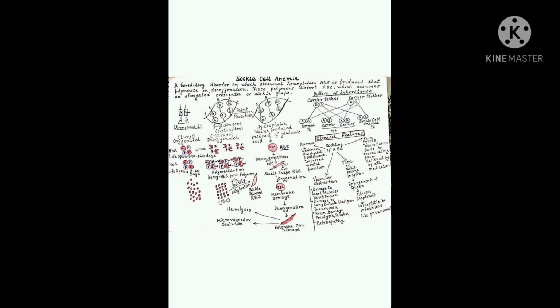The spleen has to work, and becomes overloaded with sickle cell RBCs. Because of that there is enlargement of the spleen, and over a period of time the spleen undergoes fibrosis. The spleen becomes non-functional, and that is called the asplenic condition. And because of this asplenic condition, as the spleen becomes non-functional, the patient becomes susceptible to infections.